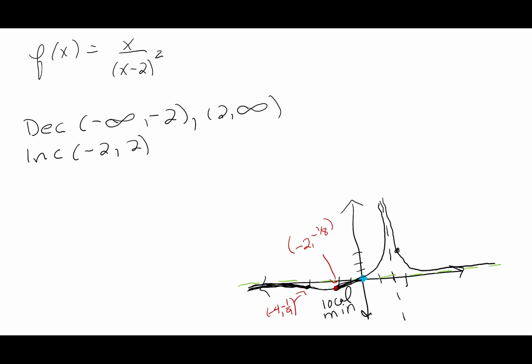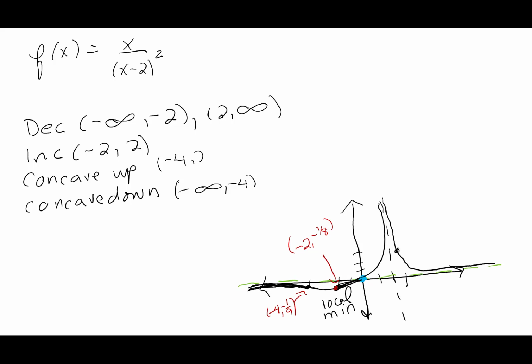Then from 2 to infinity, it was decreasing again. For concavity, it was concave down from -infinity until it got to -4. It switches and becomes concave up from -4 until it gets to the asymptote at 2. It's also concave up from 2 to infinity.